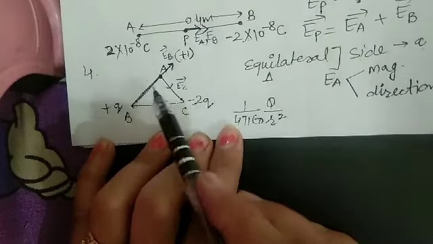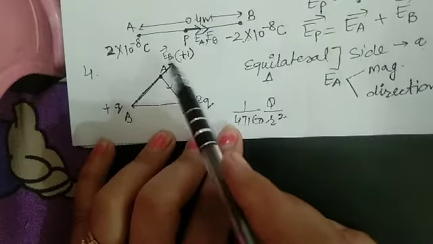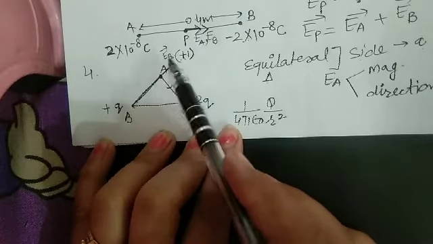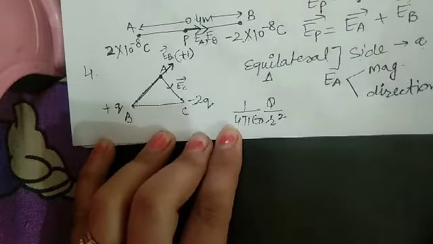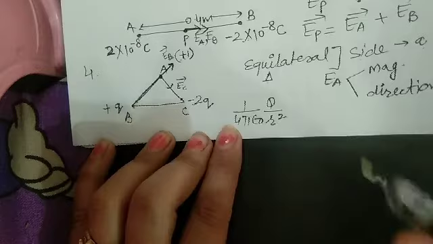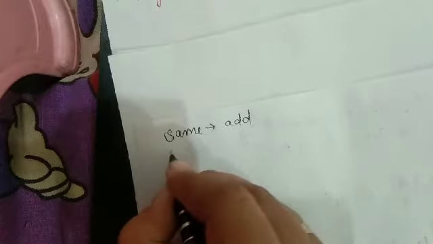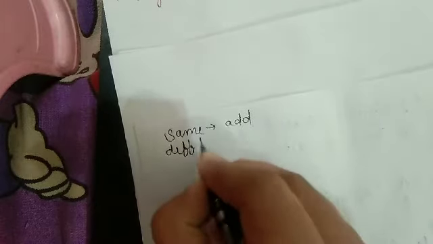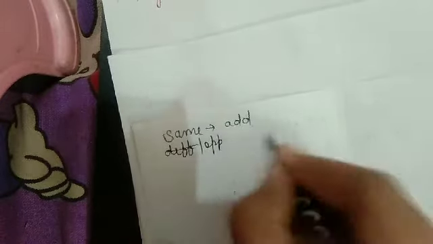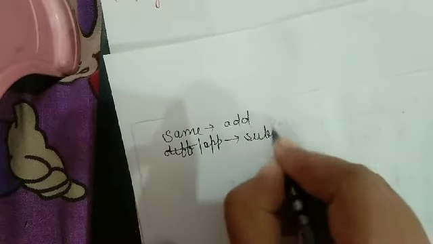Now you can evaluate the electric field at A due to B and C charges, but you have to calculate the net electric field as these two are not along the same direction. If they are along the same direction, it will be easy: you add them. If they are acting in opposite directions, then I have to subtract them to get the result.